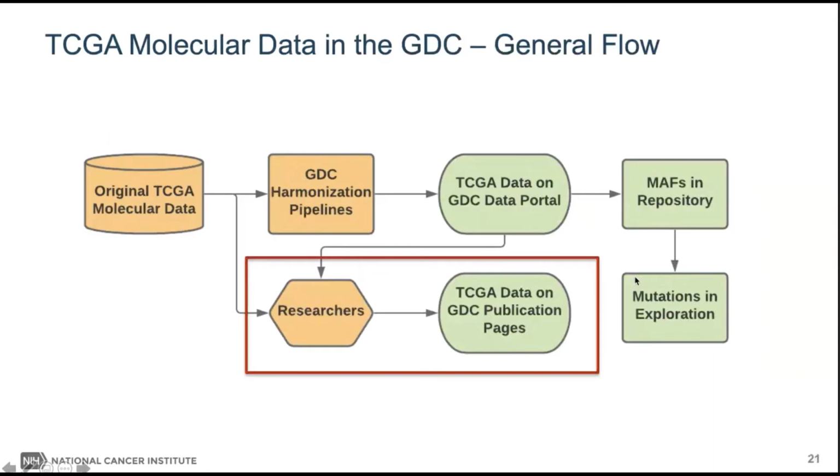Okay, and now I want to talk about the publication pages, which are produced when researchers process both TCGA data that they find on the GDC data portal and the original TCGA molecular data.